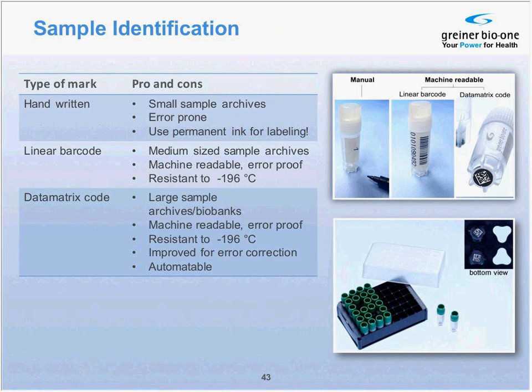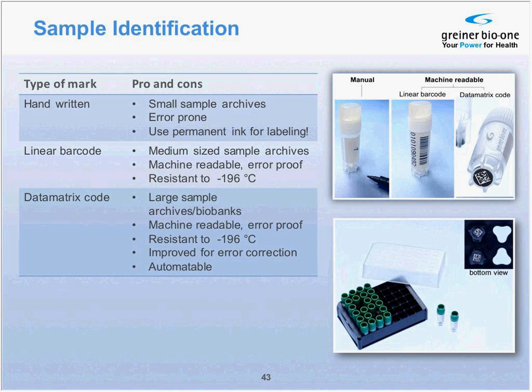A very important issue with regard to sample backup is the identification of cryo vials. For small sample archives, labeling vials by hand is sufficient, though prone to errors such as fading ink or indecipherable handwriting.